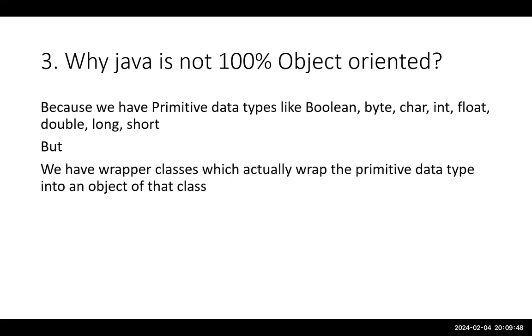It contains primitive data types. And we have wrapper classes, so that's why we can say it's object oriented. Sorry for this mistake, the B should be small here in boolean for primitive data types.